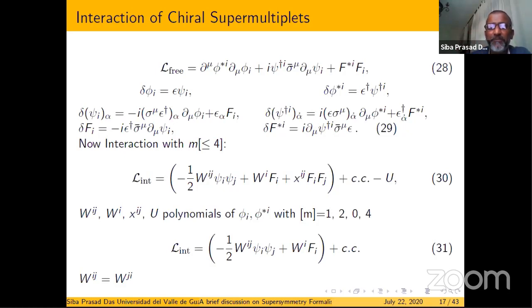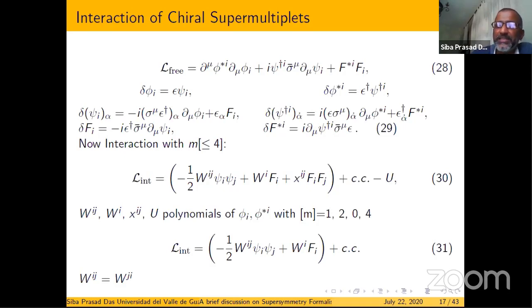That should be minus half W_ij psi_i psi_j, because you have an understanding that psi psi, this is the mass term of the fermion, and then W_i F_i, because I want to generate the mass in a supersymmetric way, and W_i is the connection with the W function with the auxiliary field, and then I have an F_i, then charge conjugation.